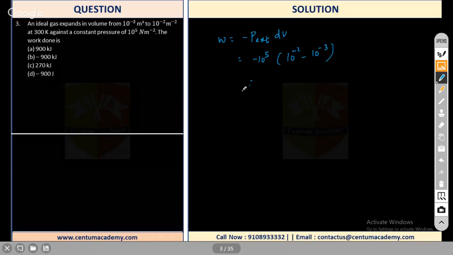This is what you need to solve. So I think you get 900. Option D is correct.